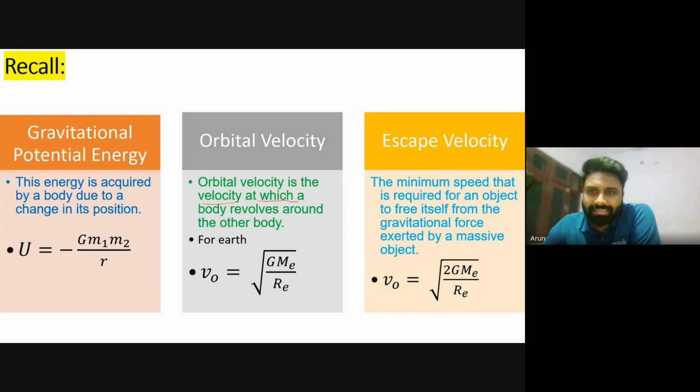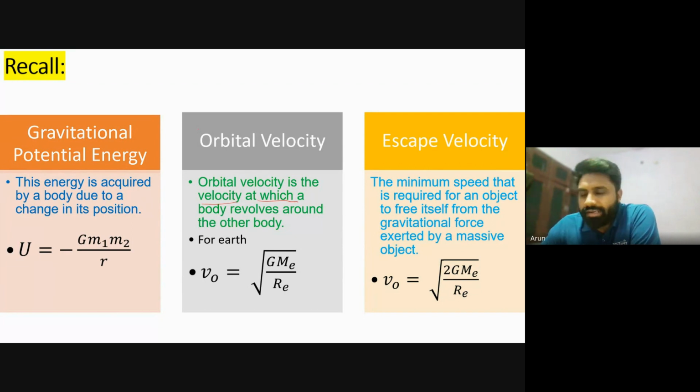Same goes for the escape velocity, but it is greater than the orbital velocity. You can see in the expression. It is the velocity which we require to free a body from the gravitational field of another body.